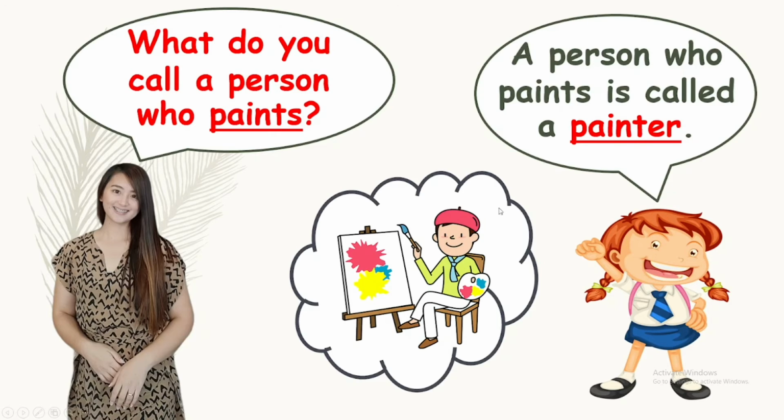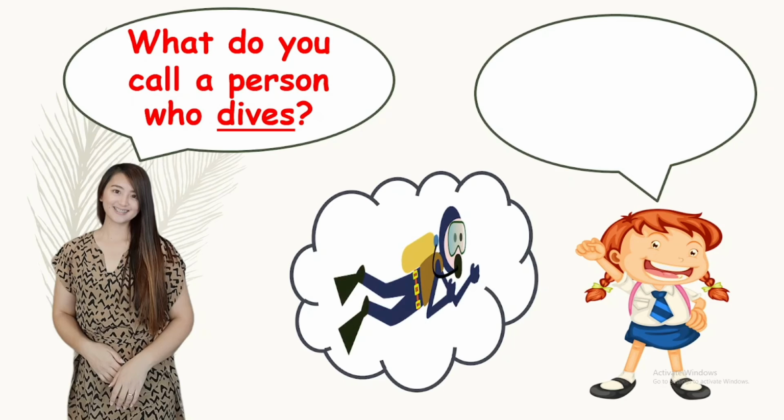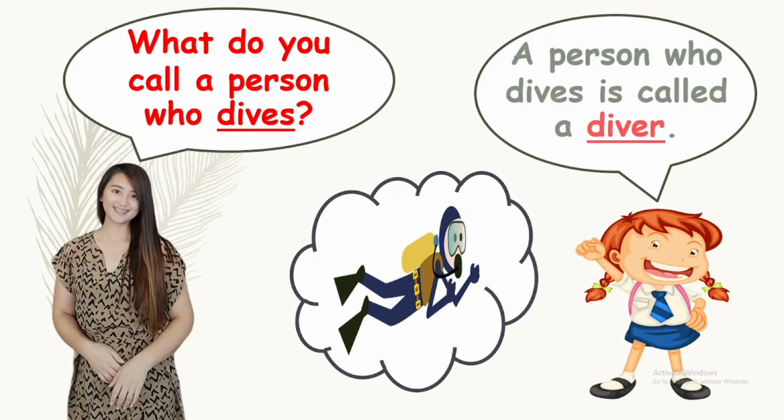He is a painter. Next, what do you call a person who dives? Answer. A person who dives is called a diver. He is a diver.